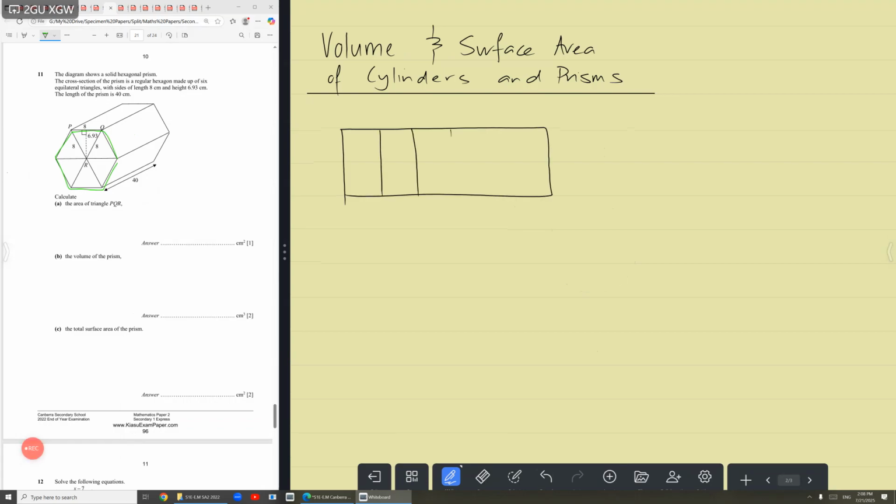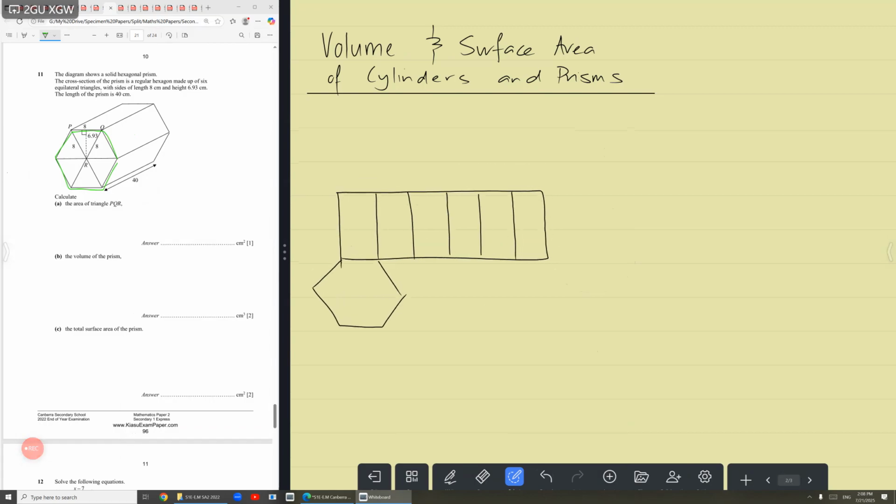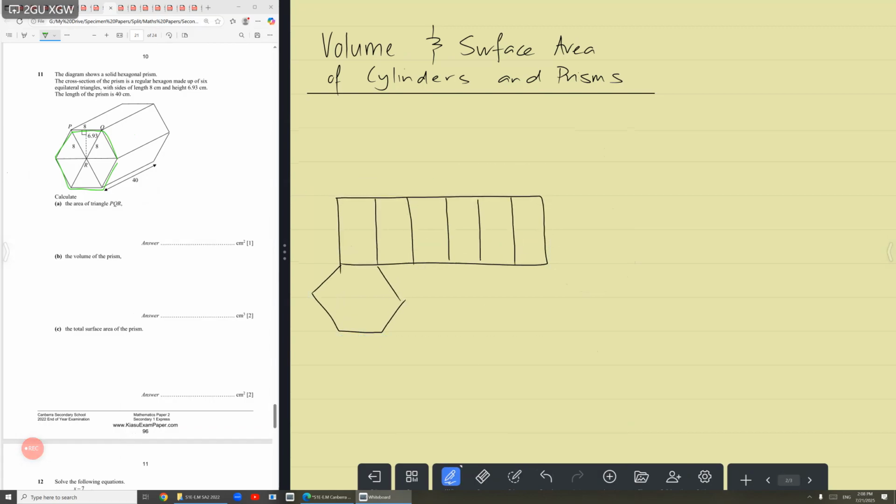Okay, 1, 2, 3, 4, 5, 6. And one of the hexagons will be here. This is the hexagon. Okay, and there's one more at the other side. Okay, so the other hexagon is over here.